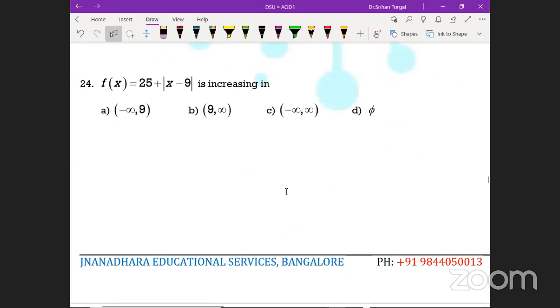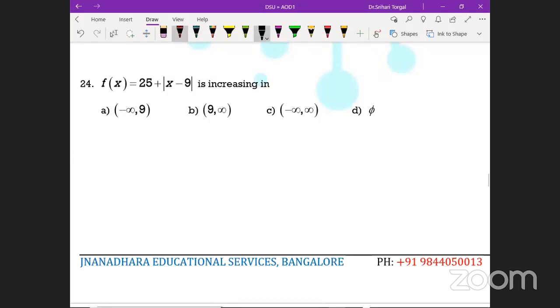Now tell me. f of x is equal to 25 plus mod of x minus 9 is increasing in.